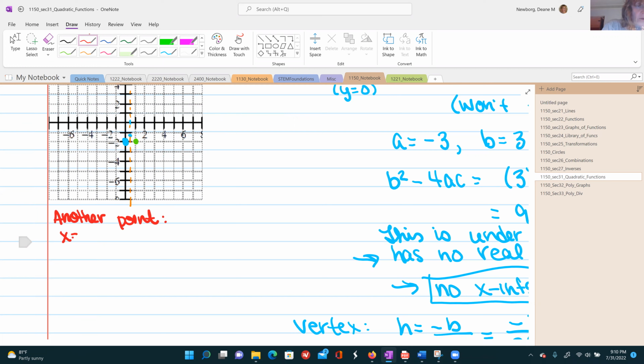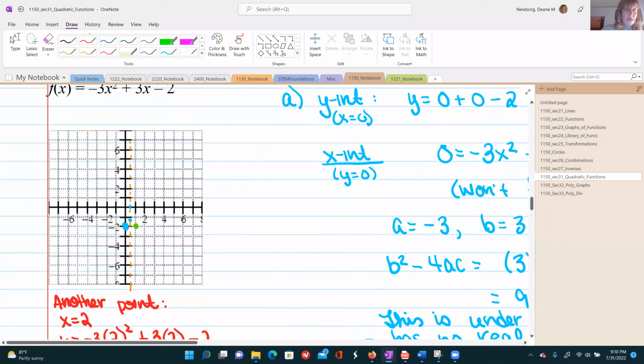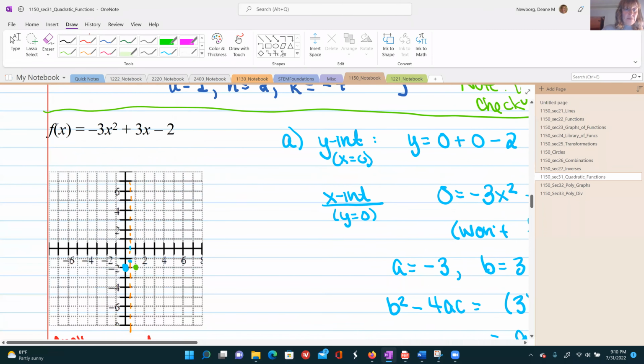So if x equals 2, then y equals -3 times 2 squared plus 3 times 2 minus 2. Wherever I have an x, yep, -3 times 2 squared plus 3 times 2 minus 2.